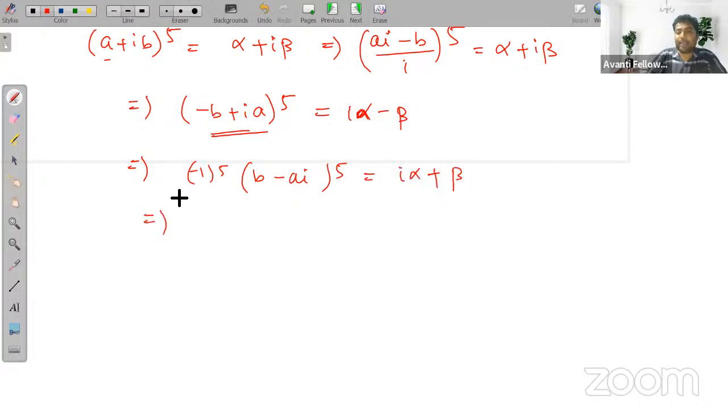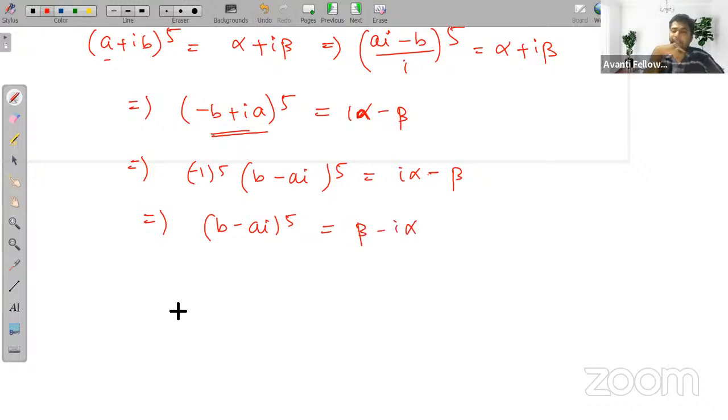Now, if we multiply minus on both sides, what we'll get? So this will become (B minus AI) to the power 5 is equal to minus I alpha, or what? This is plus, no? Sorry. This becomes beta minus I alpha, right?